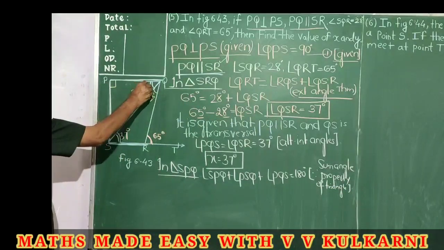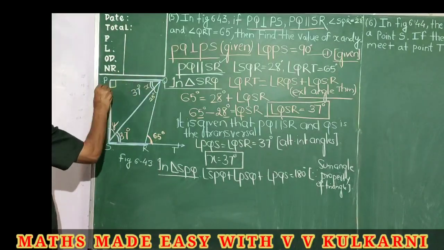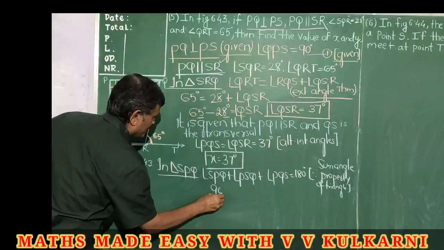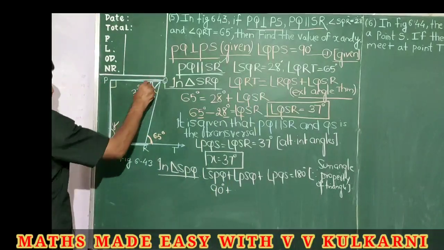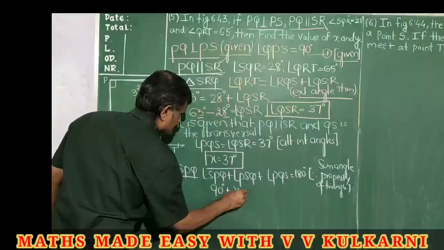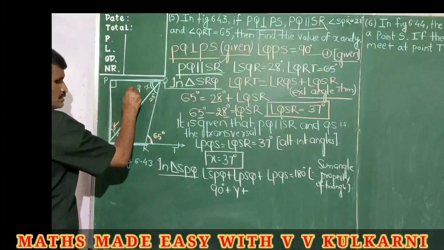So this is x, SPQ is 90, PSQ is y, PQS is 37, is equal to 180 degree.